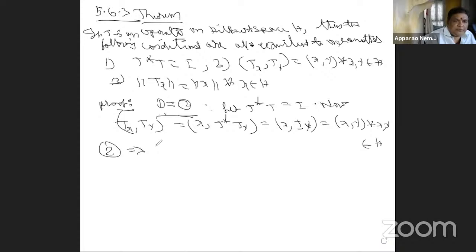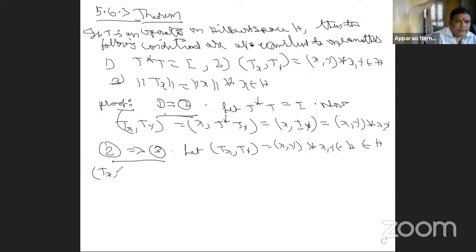2 implies 3. Let inner product of T of x, T of y equal inner product of x, y for all x, y in H. That means inner product of T of x, T of x equals inner product of x, x, by taking y equal to x in the above equation.